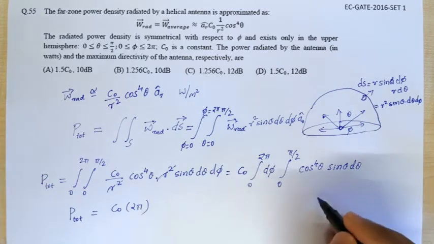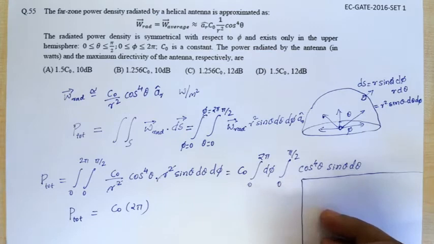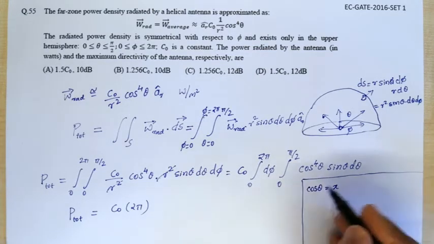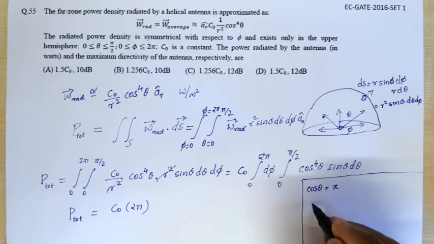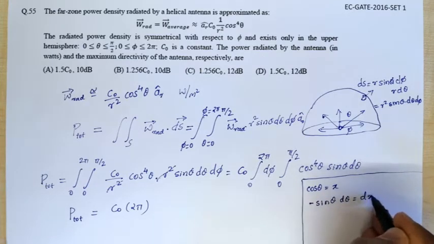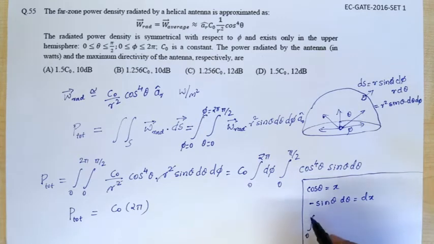Let me do a small rough work here. Cos theta equal to x. If you differentiate this, it's minus sin theta d theta equal to dx. If you substitute in this, 0 to pi by 2, we'll change the values of the limit.